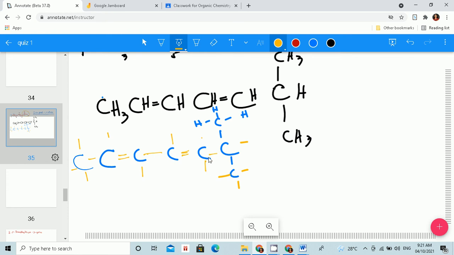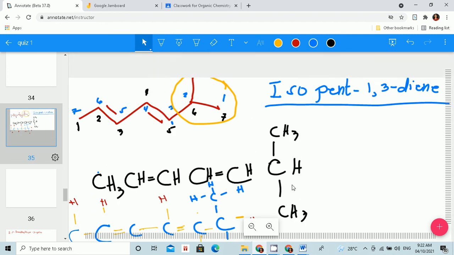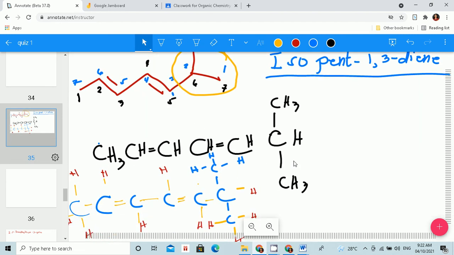Here, only one. Okay, then we will distribute the H here, the H, H, H, H, H, H, and then H. So this one is our complete structure. Okay, that's our complete structure for our isopent 1,3 diene.